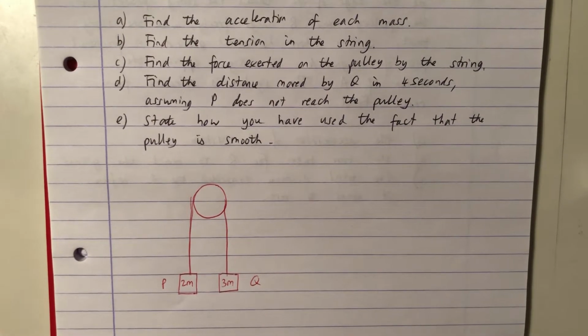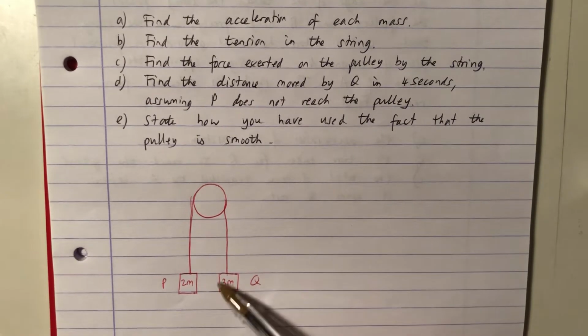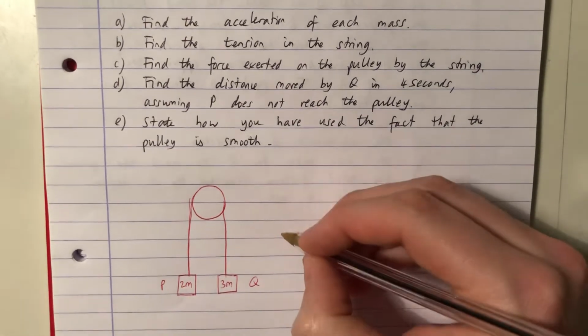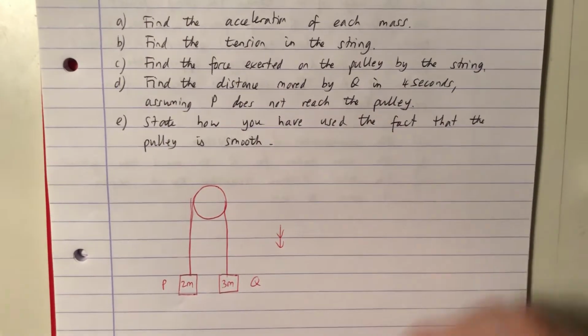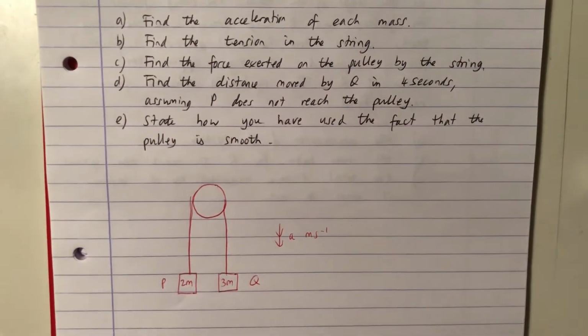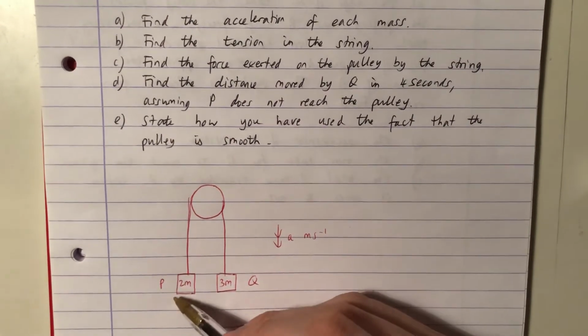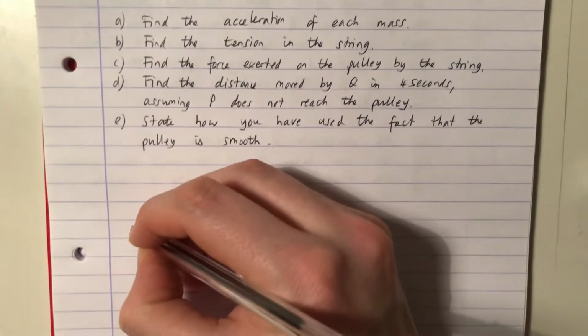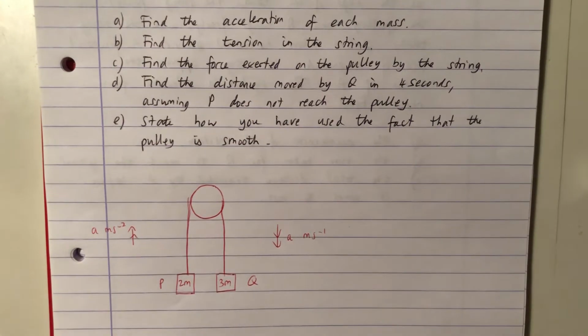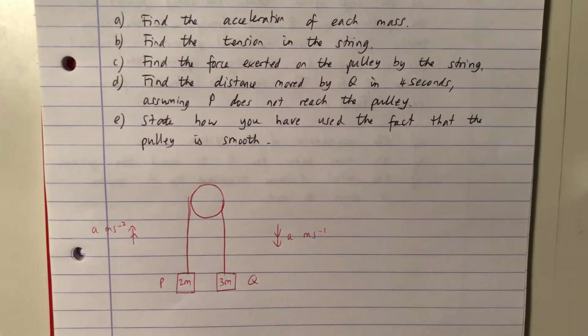And it's obviously going to fall in the direction of the 3m. 3m is heavier than 2m, so Q is going to accelerate down. And at the same time, P is going to accelerate up. And these accelerations are the same, just pointing in opposite directions.